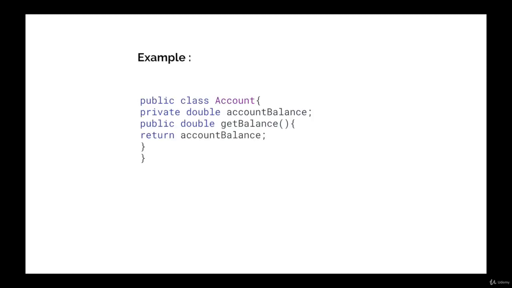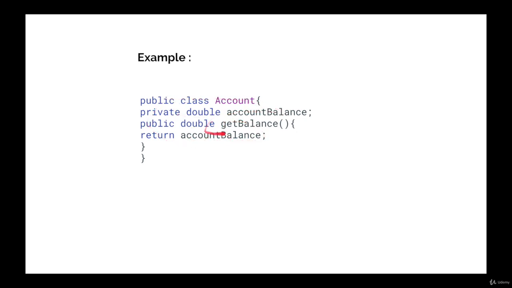Now here is how you implement data hiding in Java. Data hiding in Java is implemented with the help of the private keyword. Here in this example I see account balance is hidden from the outside world, and no one outside of this class account can access account balance.